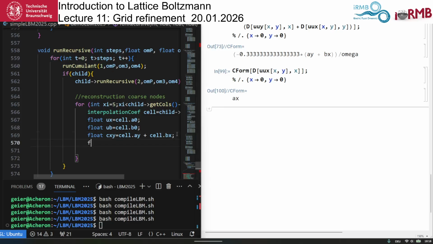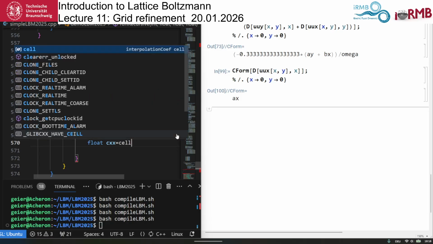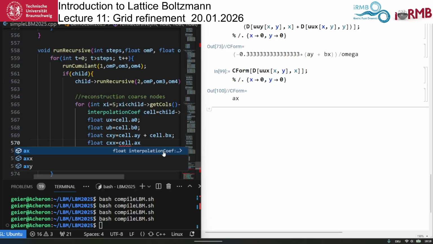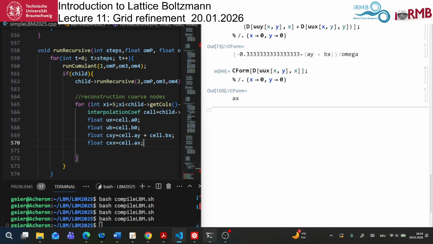So float cell. Okay, no, it's not correct. It's Ax. So we still have to scale these things, right? Let's think about it.